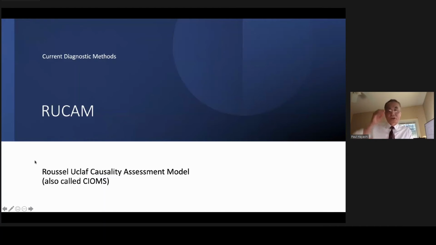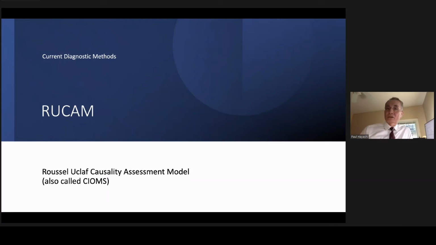So what about current diagnostic methods? Well, of course, the most prominent, widely used is the RUCAM. Now, the RUCAM is a diagnostic scorecard based on clinical data. It was put forth in 1993, a long time ago, by a handful of very astute hepatologists and experts in drug-induced liver injury.